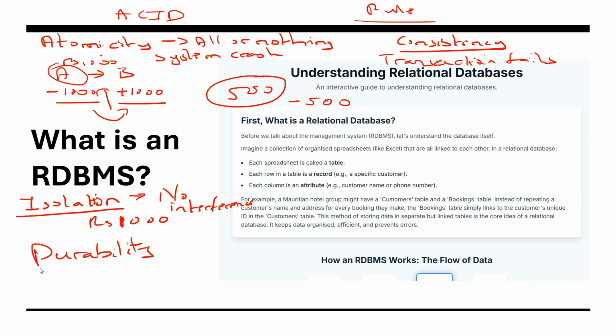The moment that a transfer has been done, the moment that the money has been transferred, and let's suppose it has been successful, the moment that I've been able to transfer the 1,000 rupees to somebody, that change is saved permanently.